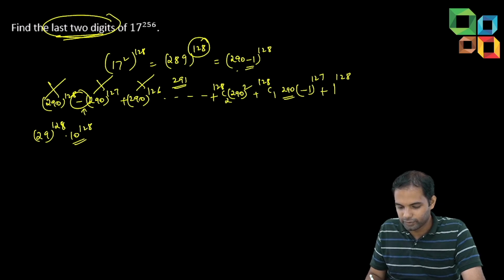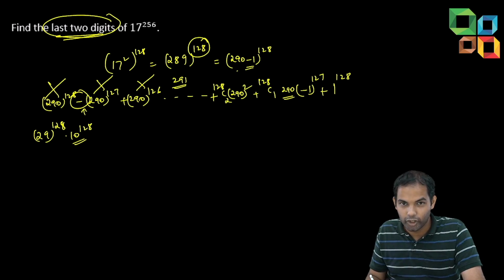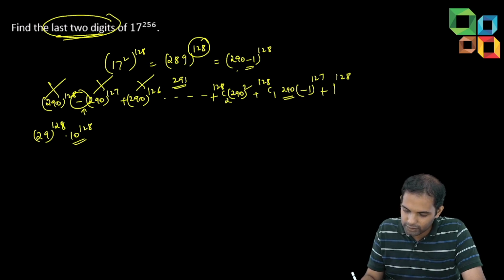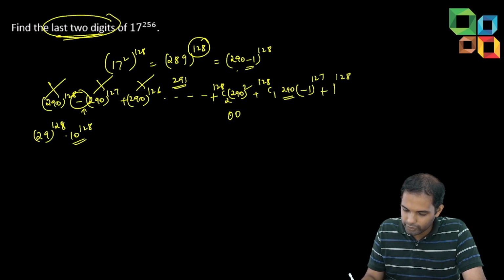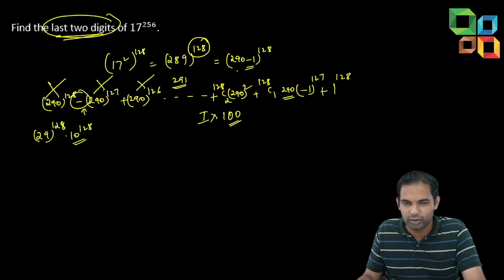I'm just interested to figure out which term is contributing to my last digits. Now, this one will have two zeros. You may think that this doesn't contribute. We'll come to this later. This is some integer I into 100. I'm not sure what the integer is. If you want, you can calculate. It's not that huge, but it will take some time. Let me look at the other terms.